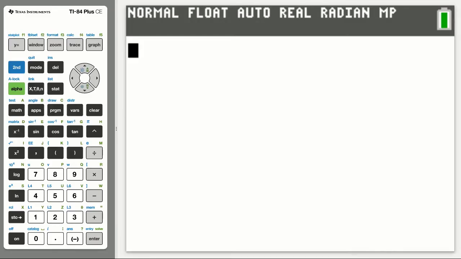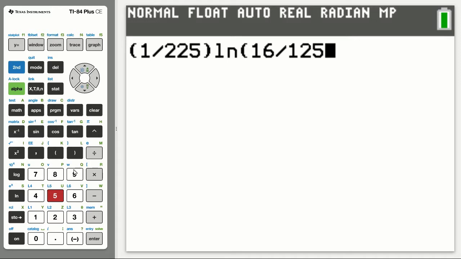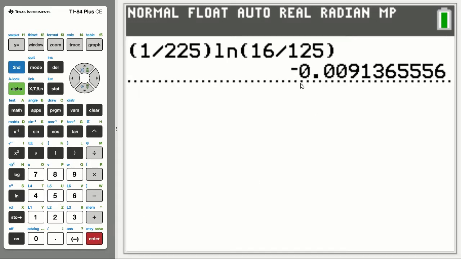On our calculator, we have, in parentheses, 1 over 225, and I should have put that in parentheses, and multiply with natural log of 16 over 125. All right, so this is my answer right here. It's a negative 0.0091365 and a lot longer.